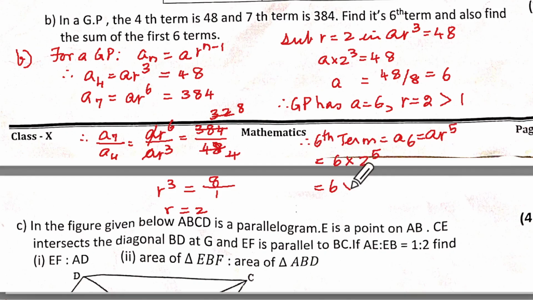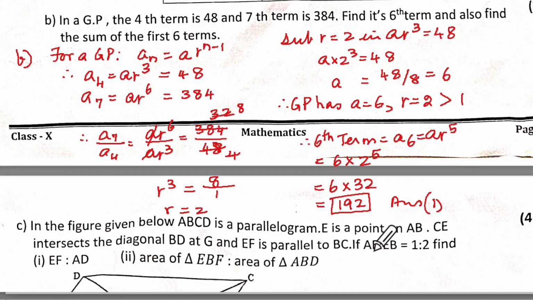That will be 6 into 32. How much is that? 192. What are you doing? Silly mistakes. I wrote 2 and I said, no, 6. You have to say it properly. This is your answer 1. So this is the first part.